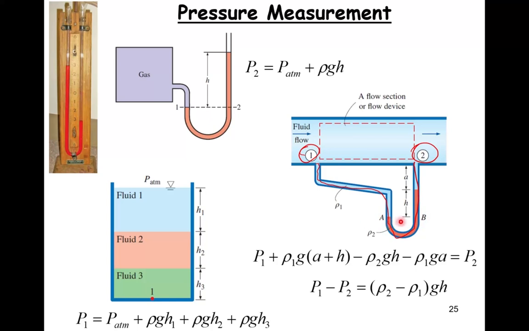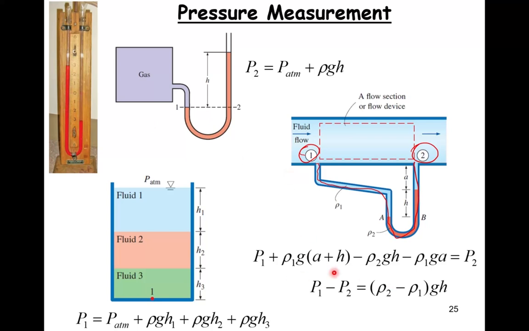This is where we can ignore the lower part and just focus on this part. Again, in here you can see the pressure at this point and this point are the same. Then the pressure difference would be due to this column.